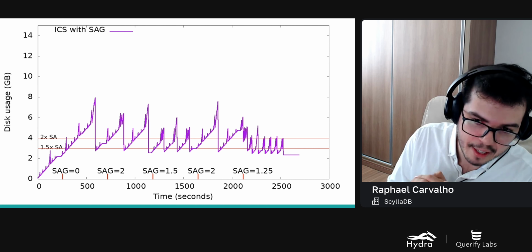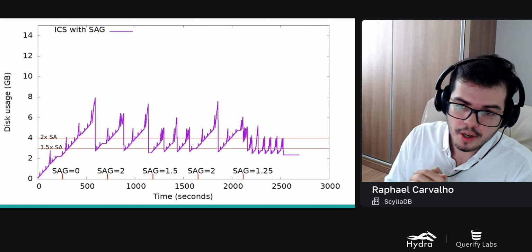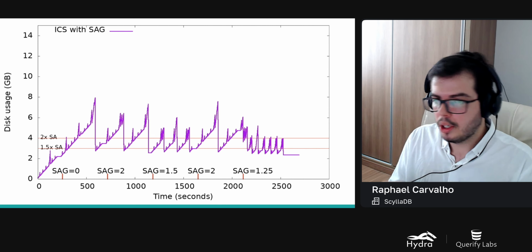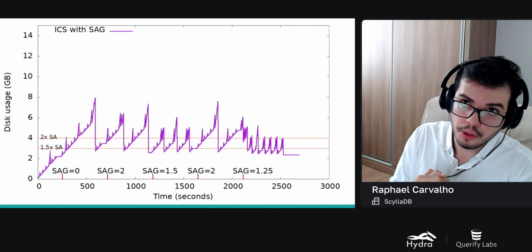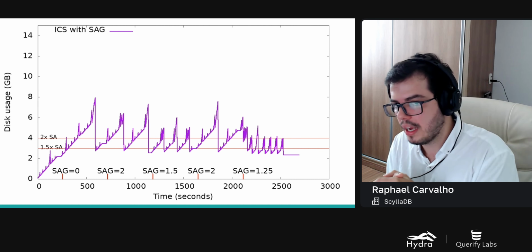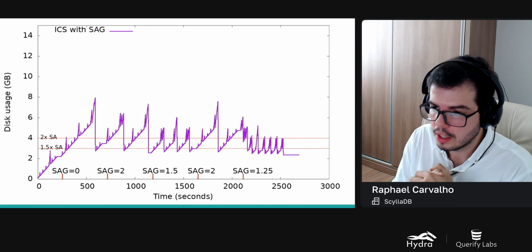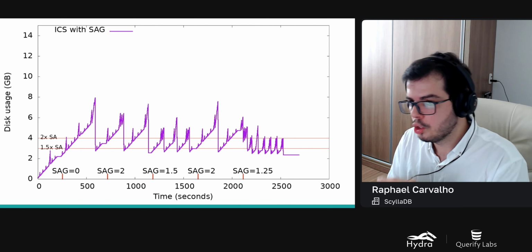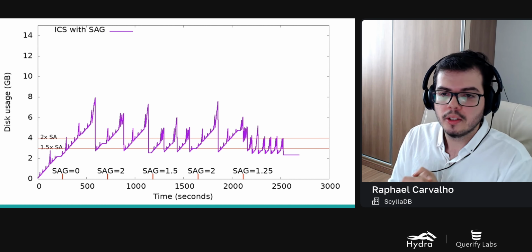The lower the value you set for the space amplification goal parameter, the more aggressive the compaction is going to be. It correlates to the size ratio between the largest and the second largest level, meaning that the second largest level is going to be compacted into the largest level when it's half the size of the largest level.